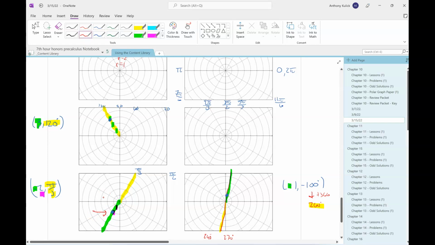Is there another way I could describe this location? Couldn't I use +2 and then this angle?